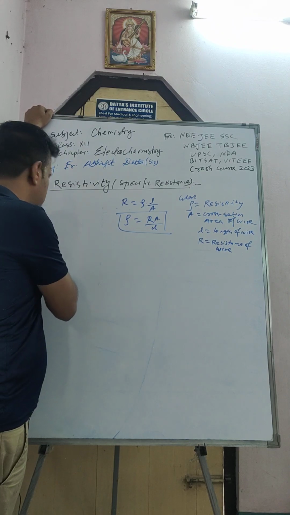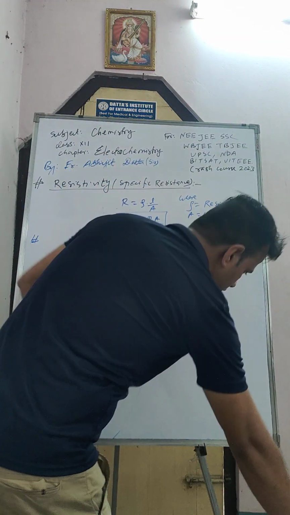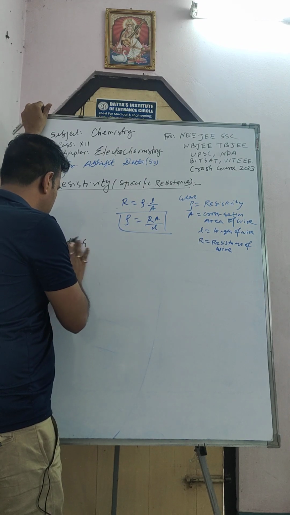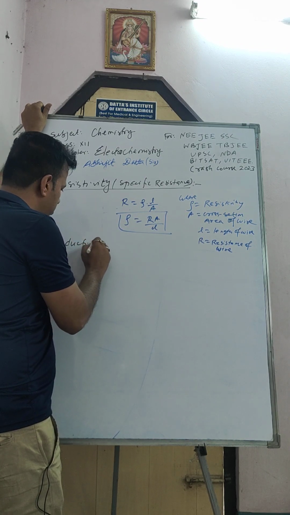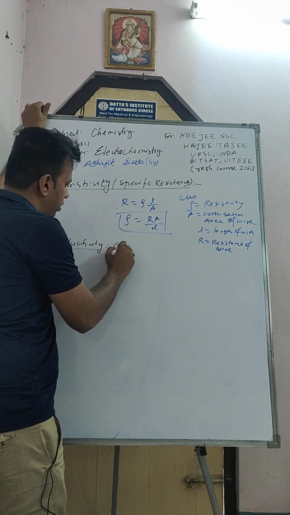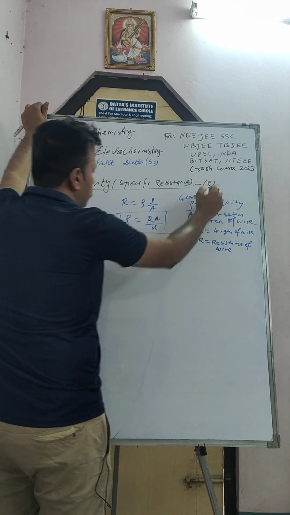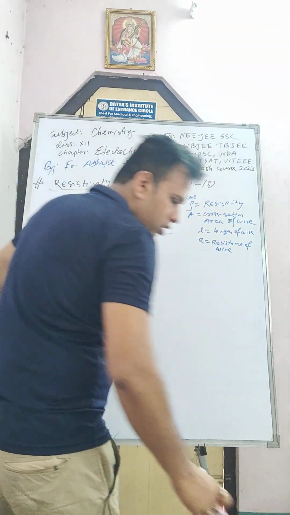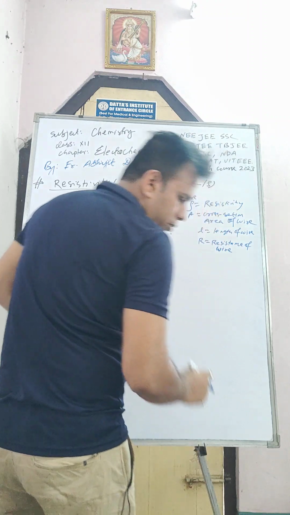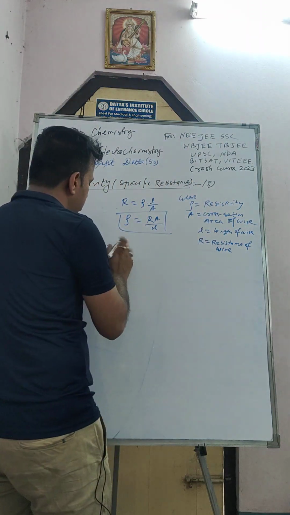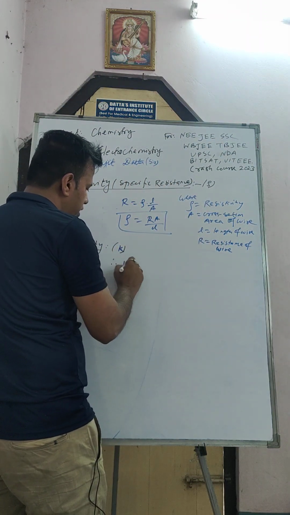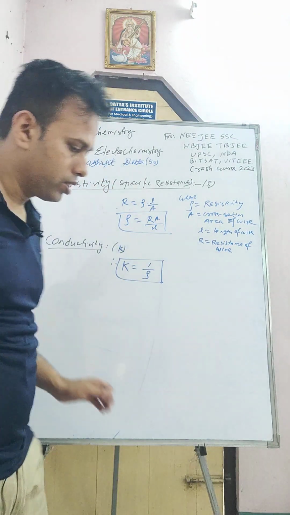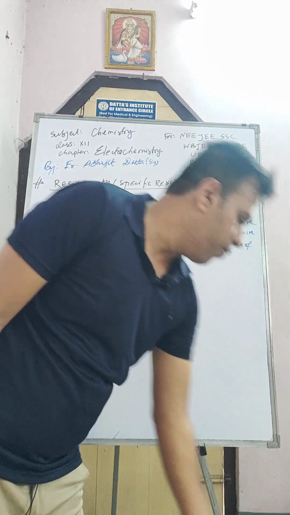Next is conductivity. So what is conductivity, sir? Sorry, conductivity is denoted by K. So K equal to 1 by rho is the formula of conductivity.